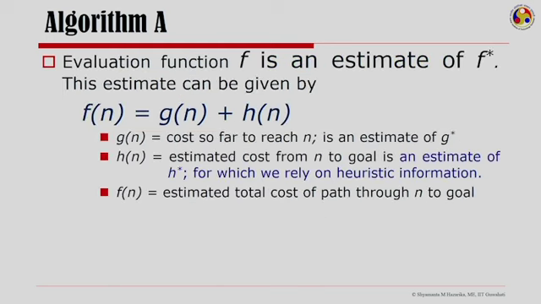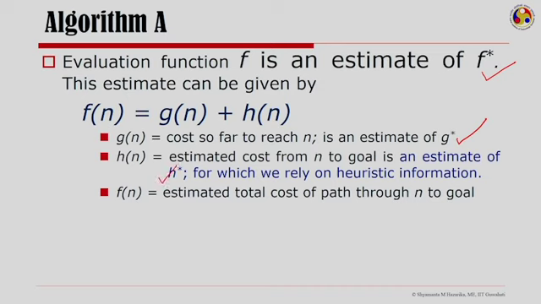Now, the evaluation function f is an estimate of f star, and this estimate can be written as f equal to g of n plus h of n, where g of n is the cost so far to reach n and actually is an estimate of g star. h of n is the estimated cost from n to goal and is an estimate of h star.